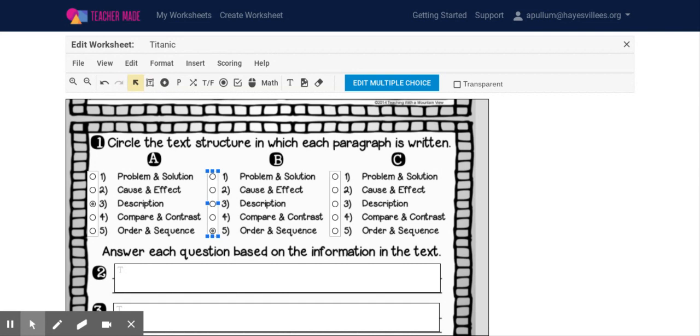Sadly, there was no solution to this problem because it could not be fixed, and the effect was the tragedy. So the best choice here is going to be your cause and effect. The cause of why it sank, because it hit the iceberg, it sank, which is the effect.